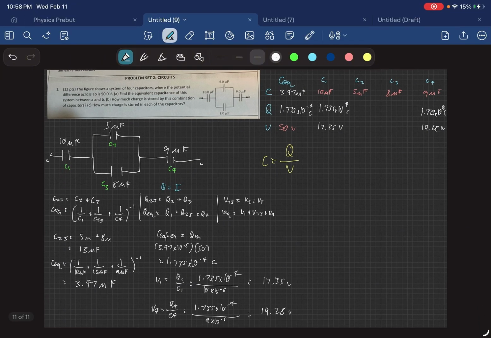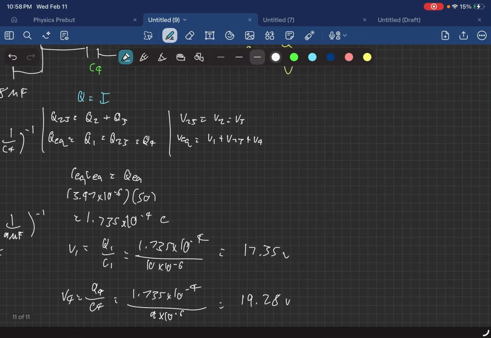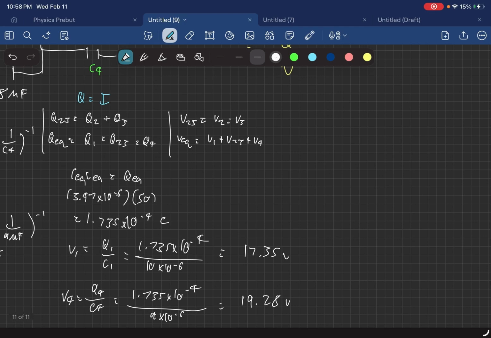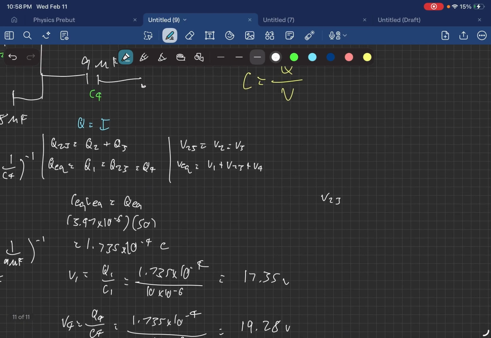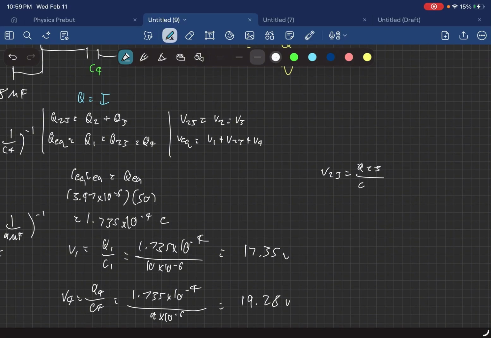Remember what I said? It's just easy. We get our V2 and V3 because we have Q2 and Q3. So V2,3 is equal to Q2,3 over C2,3, and our Q2,3 is equal to whatever this was, so 1.735 raised to negative 4.